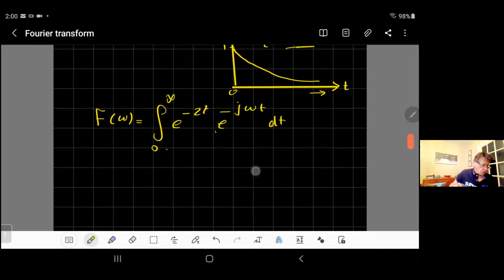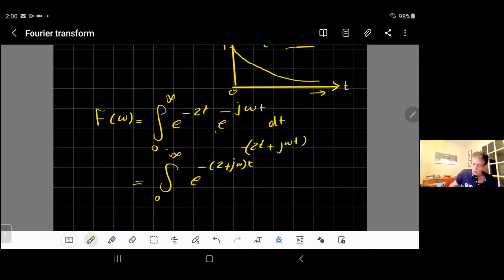Now, when you find two exponential functions multiplied, you add the powers of both. So you have the integration from 0 to infinity of e to the power of the sum. When you add both, -2t - jωt, take minus as a common factor, and take t as a common factor, so you'll have -(2 + jω) multiplied by t, dt.